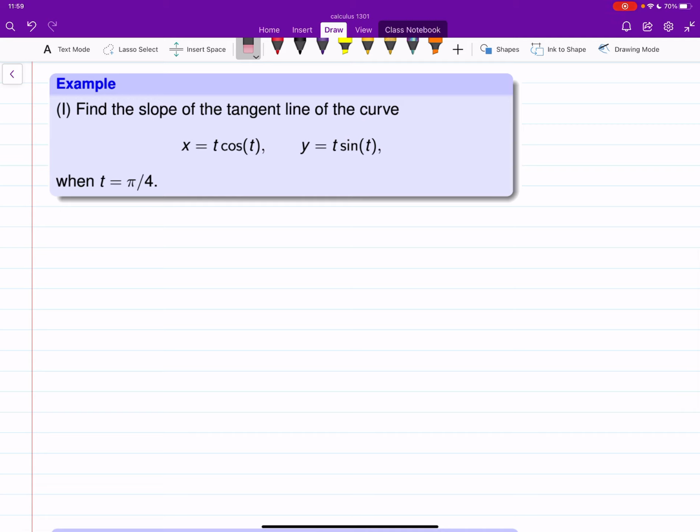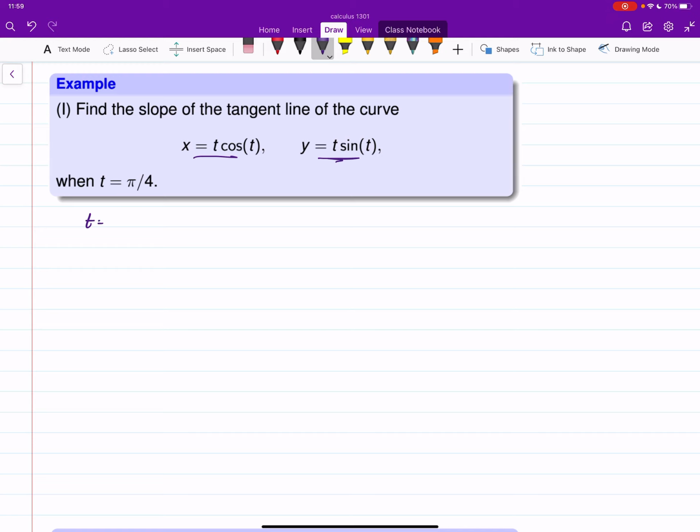Find the slope of the tangent line to the curve. It's interesting to see what this curve is. I suggest that you try to sketch this curve, and it says that when t is equal to pi over 4.